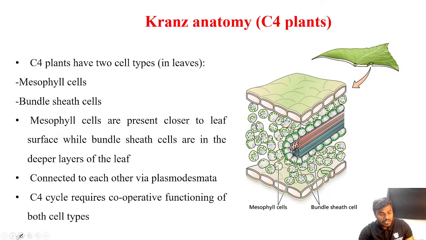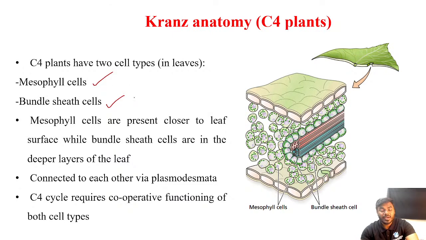Now you can ask me, sir, in the C4 pathway, which kind of cells are involved? Do we require mesophyll or bundle sheath? The point here is that we require both mesophyll and bundle sheath. Both the cells are extremely important.